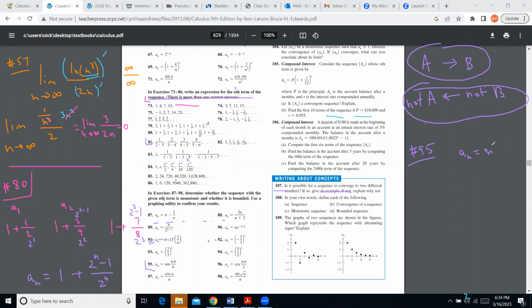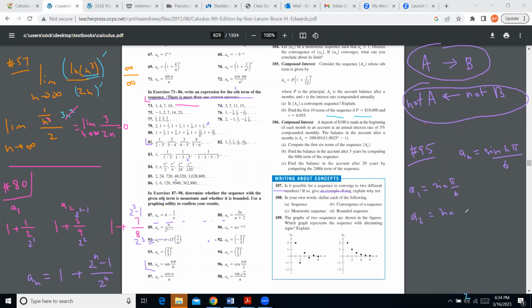It turns out that when you have the sine function, so if a_n is sine of n times pi over 6, the terms are going to be repeating in pretty much all cases if you have pi involved. Because if you write down your first term, it's just sine of pi over 6. And the second term will be sine of 2 pi over 6.